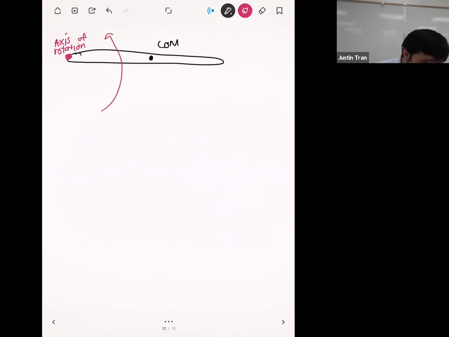Let's call this point O. By the parallel axis theorem, the way that we compute this total moment of inertia around O is we take the moment of inertia around the center of mass. It's not like we forget that, so we still use the I of the center of mass. To this, we're going to add the mass of our object multiplied by the distance to the new axis of rotation squared.